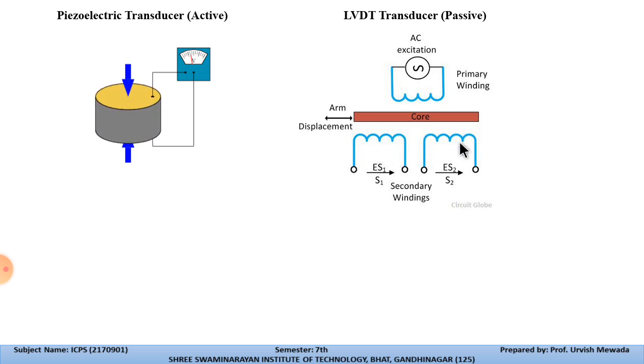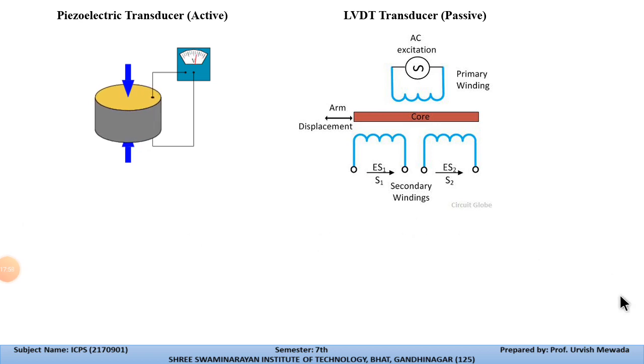If the core position is at the center, both coils will develop the same EMF, so ES1 minus ES2 will become 0. And if the core position is at ES2, ES2 will have more EMF compared to ES1, so the output is negative. So with the help of LVDT we can measure the positive displacement as well as the negative displacement.